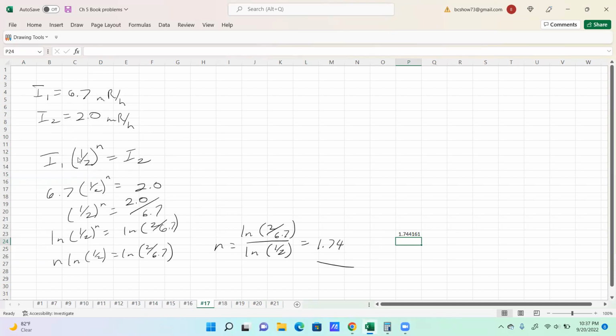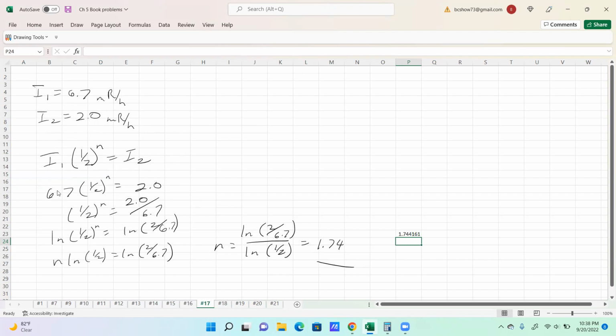The question is, how do we go about doing that? How many half-value layers will it take to produce this value? How do we change 6.7 to 2.0? We multiply it by 1/2. The question is how many times? Because once you start putting half-value layers in there, you're cutting the exposure down.